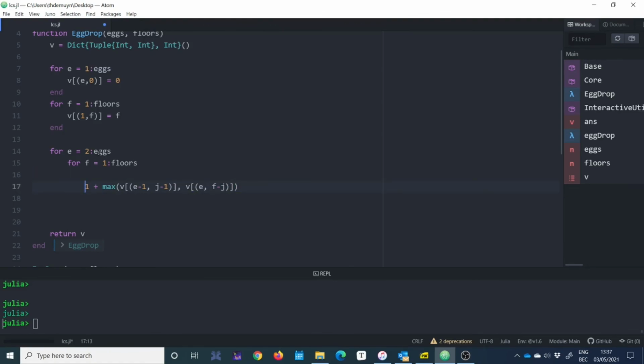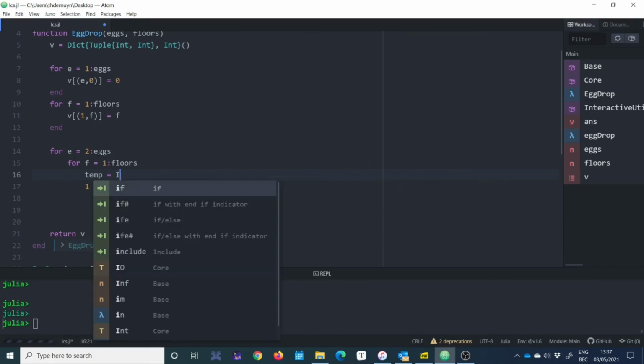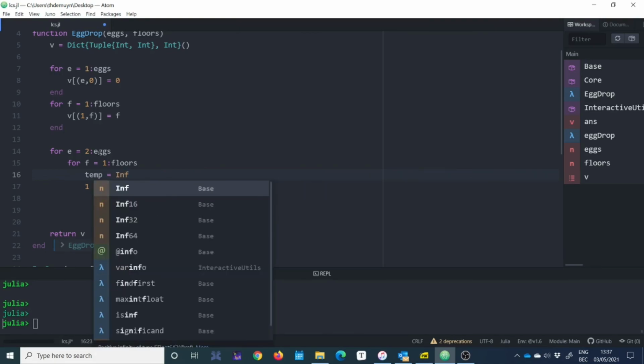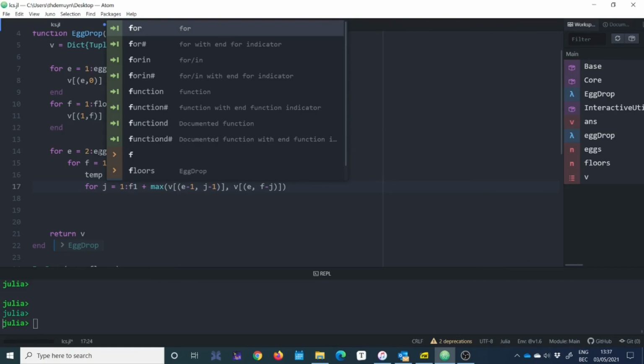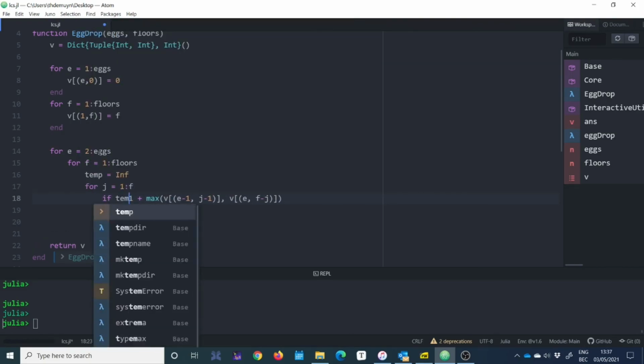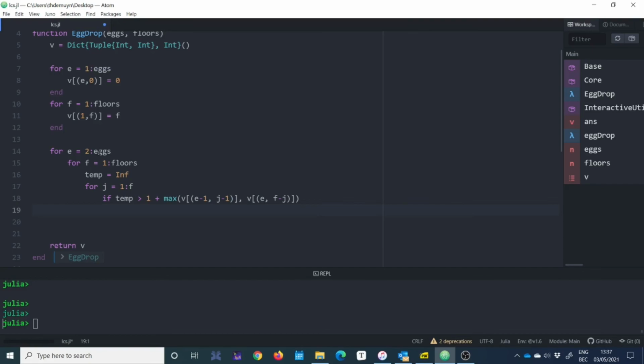Okay, so basically what I'm doing, I'm looking for the j that minimizes this thing here. So I'm going to introduce a temporary variable that's going to start with value infinity, and then for j equal to 1 to f, if temp is bigger than this, then I'm going to update my temporary variable to this thing here, and I'm going to set v e f to be equal to this thing.